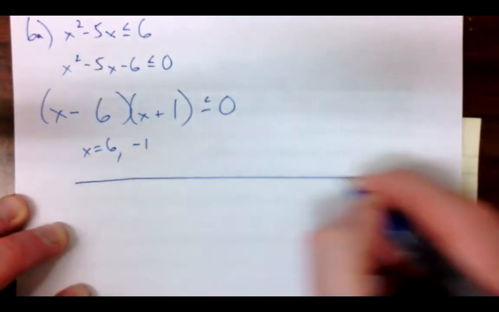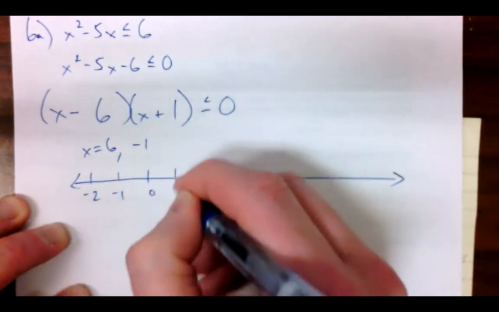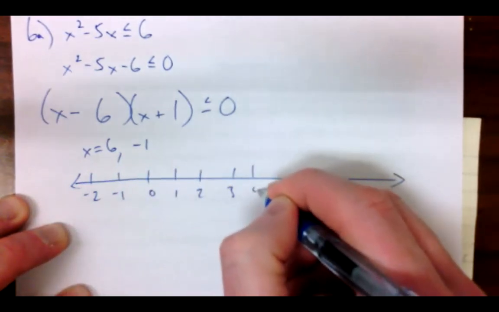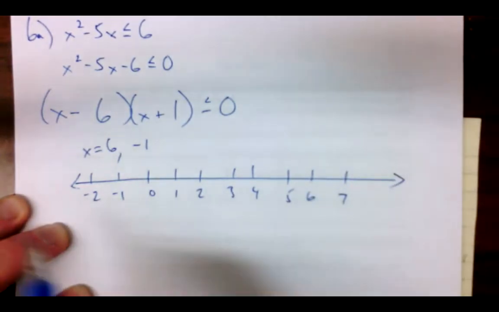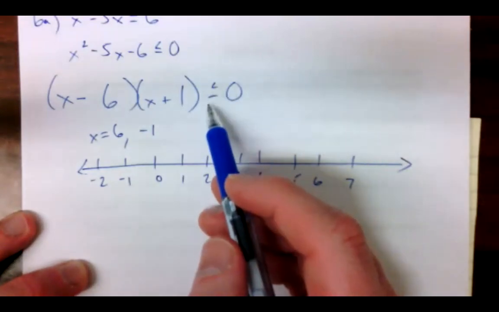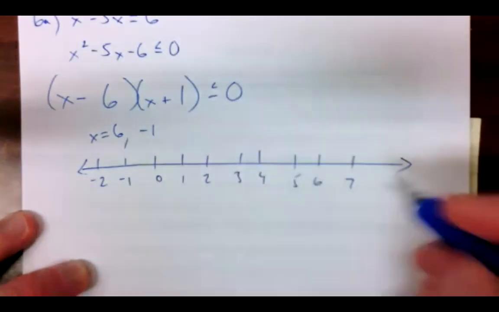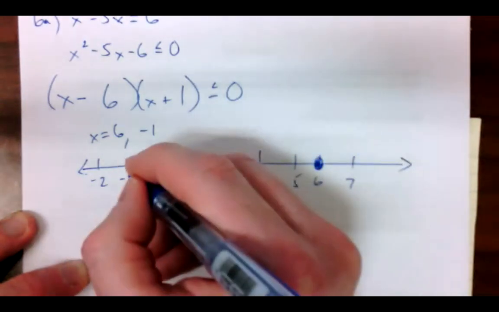We do our number line. Negative 2, negative 1, 0, 1, 2, 3, 4, 5, 6, 7. I always like to go one more than on the outside of them. So this is less than or equal to, so these are shaded in circles at 6 and negative 1.